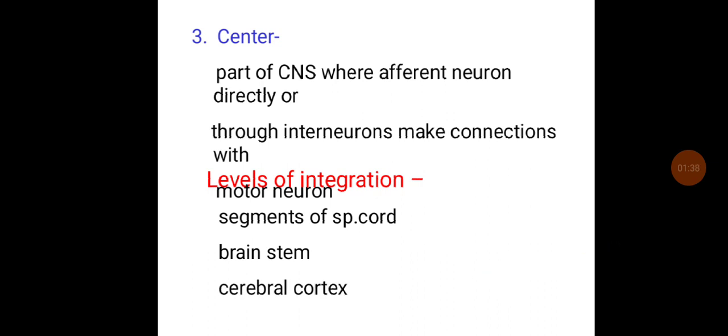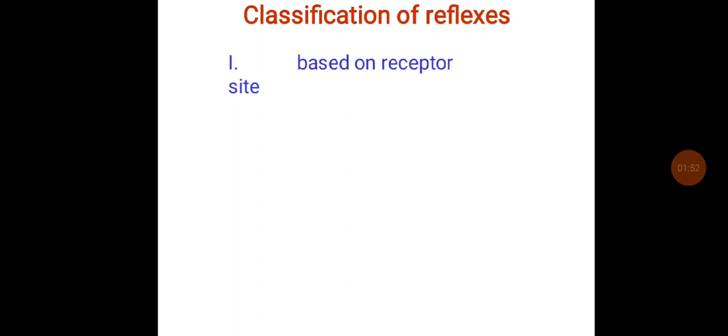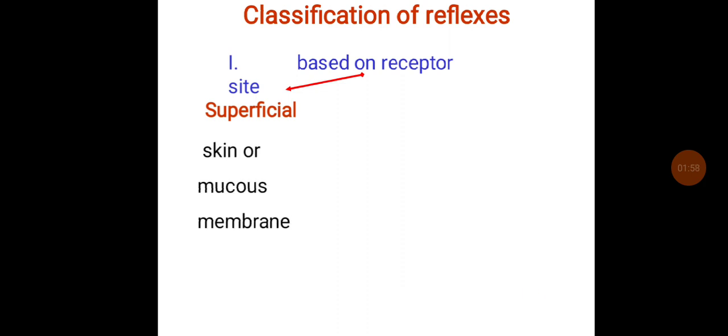The reflex can be integrated at different levels: segmental level, brainstem level, or cerebral cortical level. How do you classify reflexes? Reflexes can be classified based on the site of the receptors.